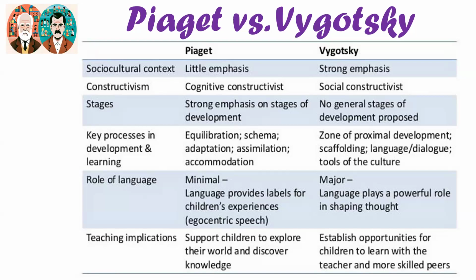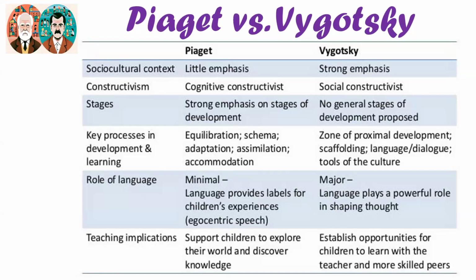Vygotsky says that there is a zone of proximal development and scaffolding for development. When you talk about the role of language, Piaget gave very minimal emphasis to language experience. But Vygotsky says that language plays a very powerful role in shaping our thoughts. Based on the people we interact with, our cognition will develop. That was the concept of Vygotsky.